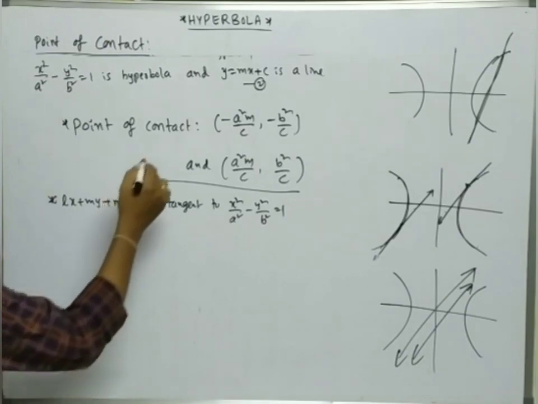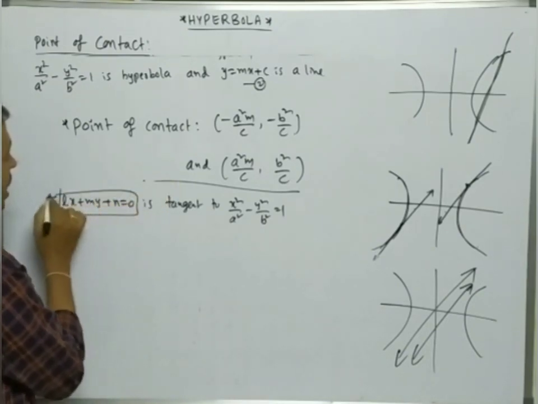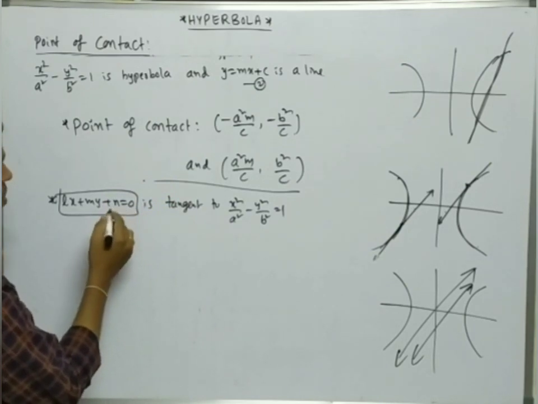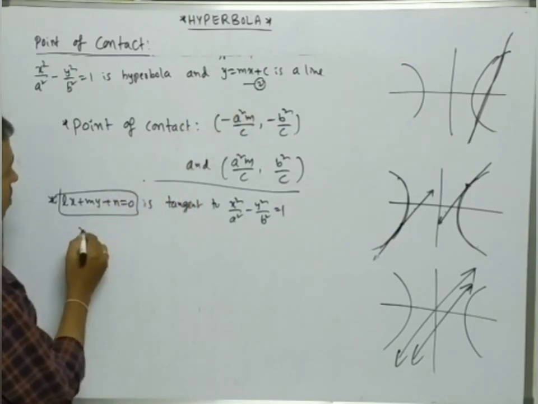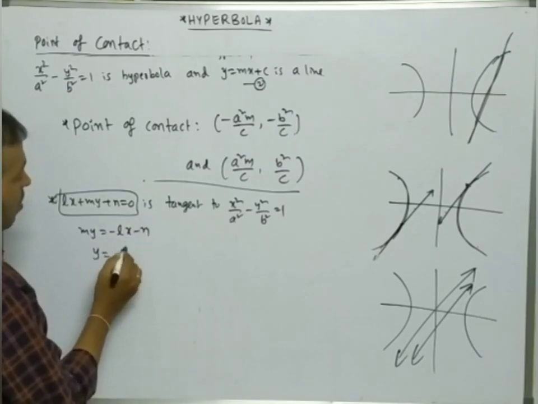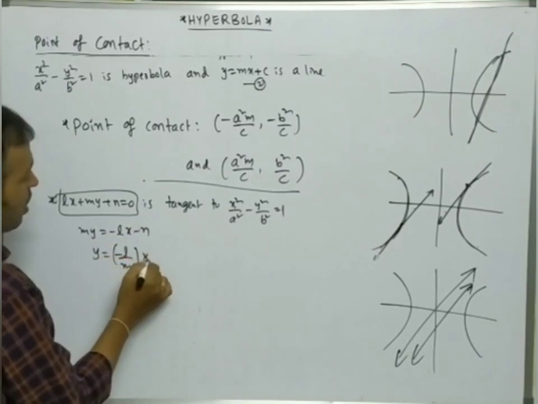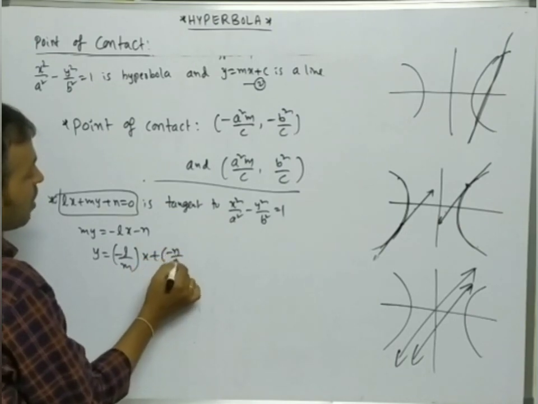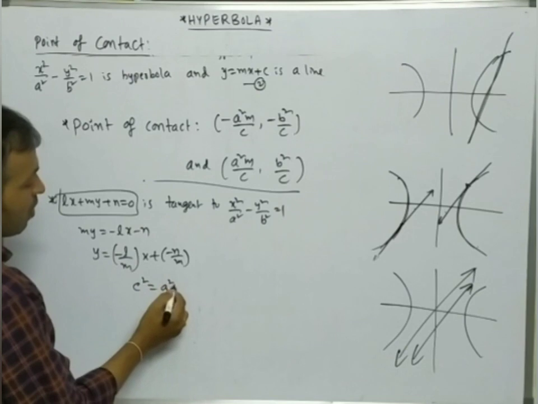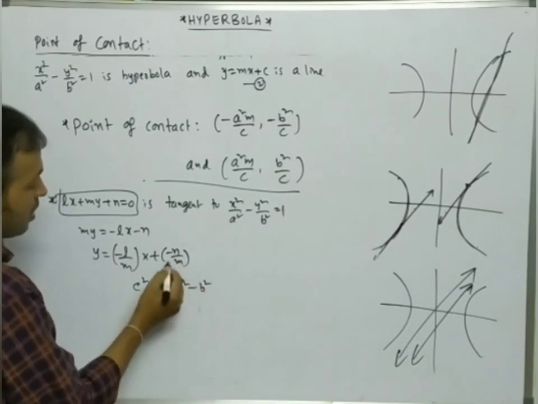Next, if the line is of the form lx plus my plus n is equal to 0, then what is the condition? Compare with this one. Convert into my is equal to minus lx minus n, so y is equal to minus l by m into x plus minus n by m. What is our condition? c square is equal to a square m square minus b square, where y is equal to mx plus c.